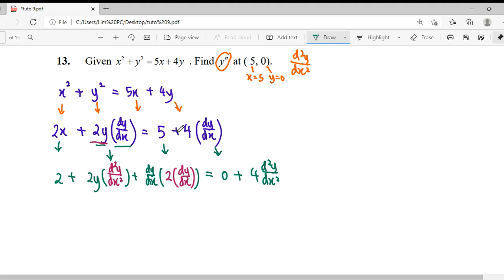Product rule means in front we have a function of x and at the back also a function of x. Here in front we have a function of y which is linear, and at the back a function of y, dy dx. So that will be a product rule. This one is not. We just directly differentiate dy dx to get d2y dx squared.